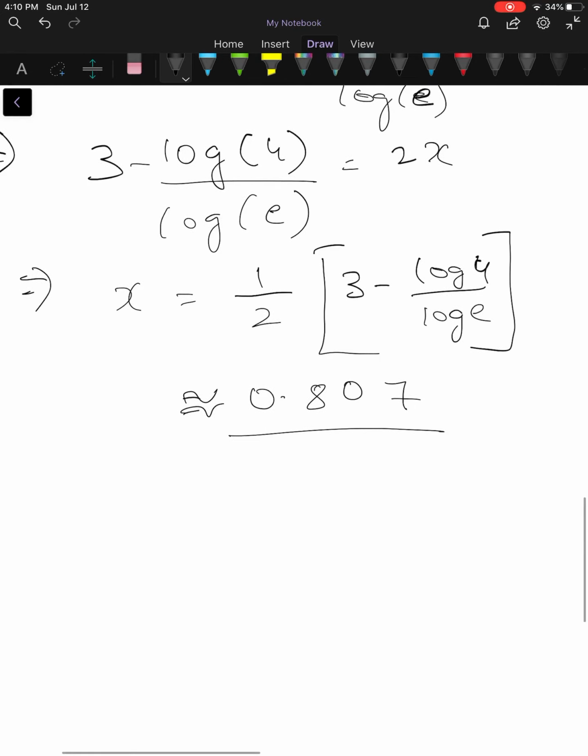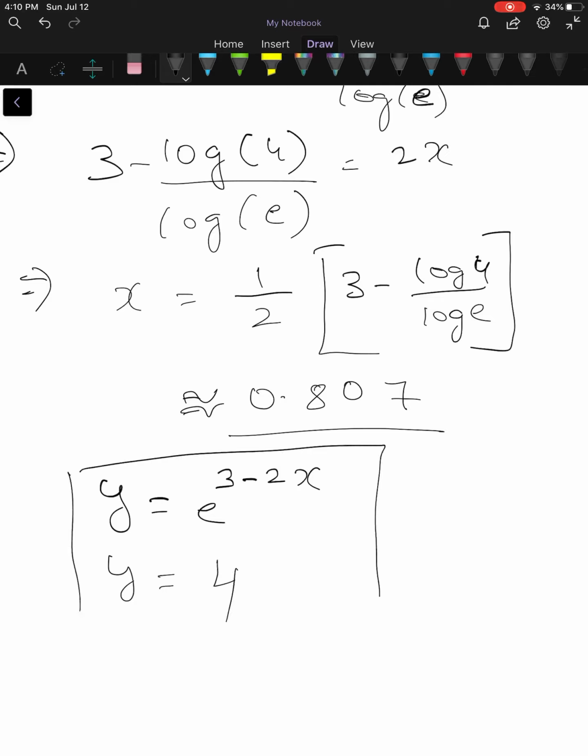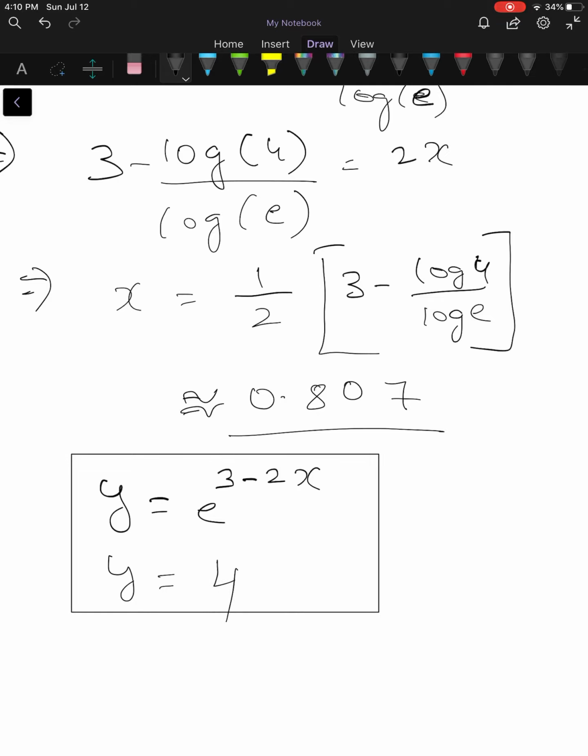Okay, so how do we do this graphically? Graphically, we graph the equations. You can see one side of the equation as y is equal to e to the power of 3 minus 2x, and the right hand side of the equation as y is equal to 4, right? And see where these two graphs meet. That would be the solution.